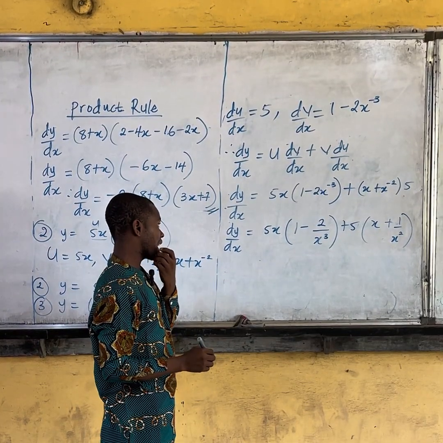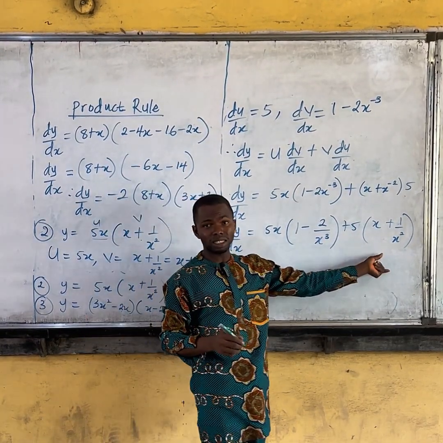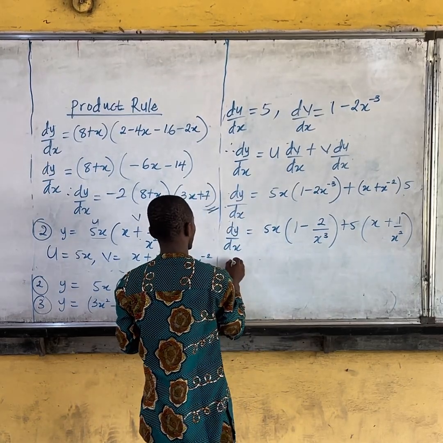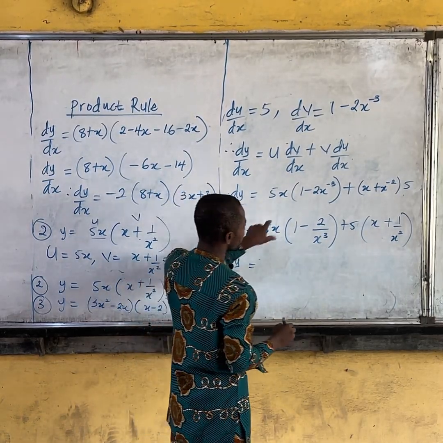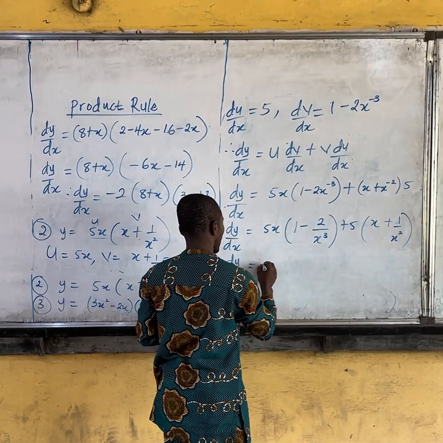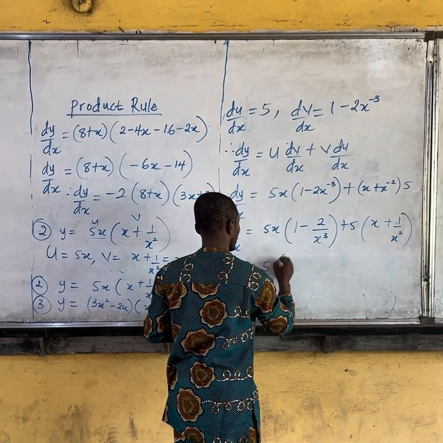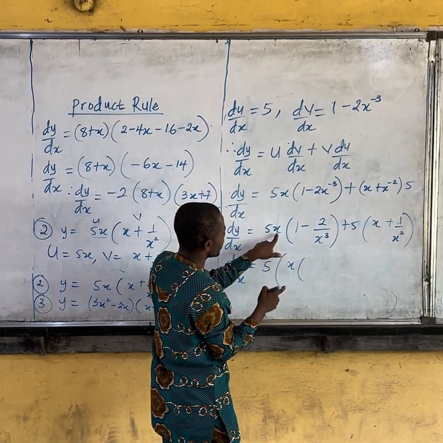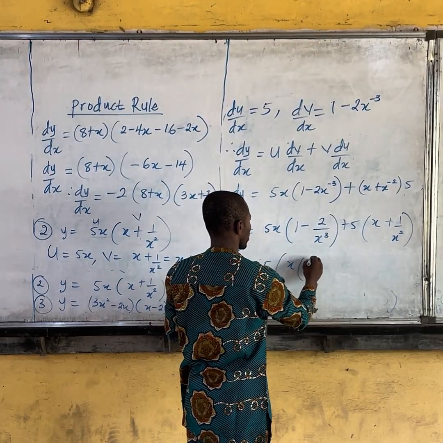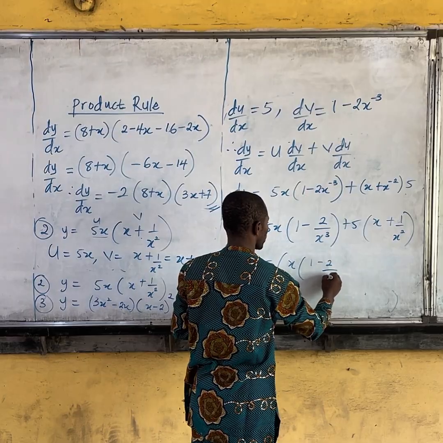Although 5 is common, we can say 5 is common. If you like, we can stop like this. Then we can also go further if you like. That dy over dx, 5 is common to both. We can say 5 bracket x, then 5 in 5x, remaining x, and this, 1 minus 2 over x cube.